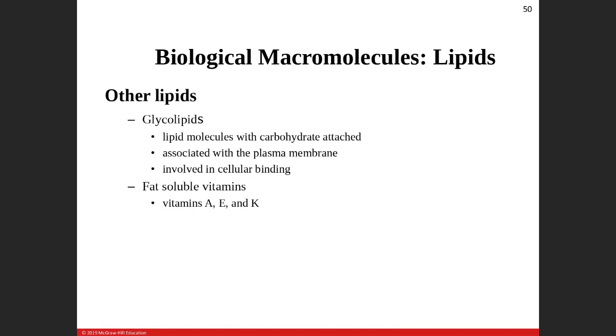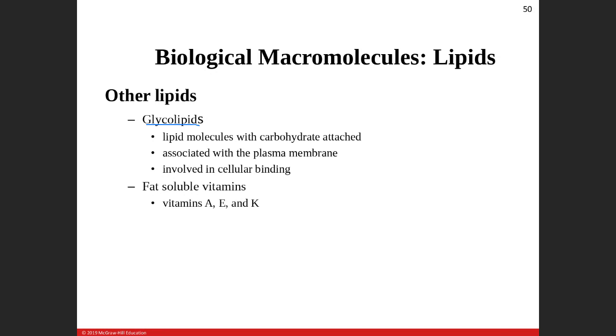A couple other types of lipids are glycolipids. If you look at glyco, basically a glyco is a sugar group. So it's a lipid, a fat molecule, with a carbohydrate group attached to it, which is important.